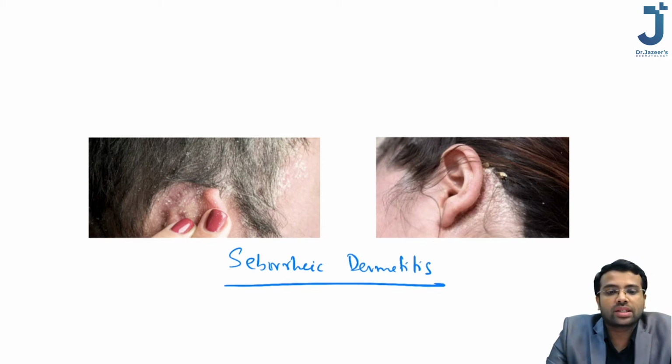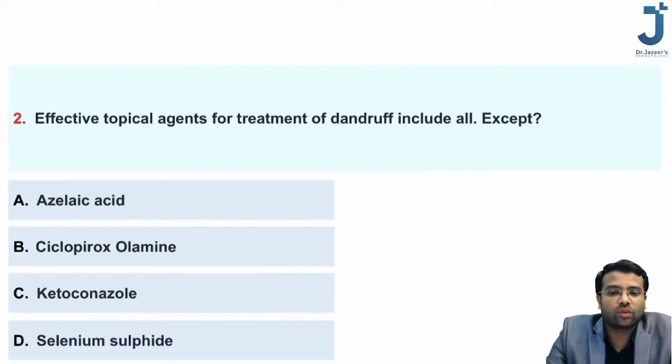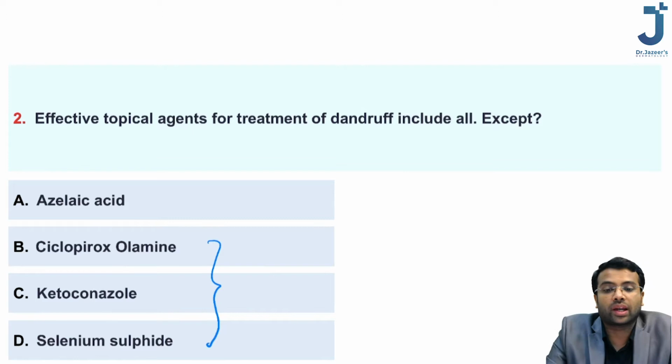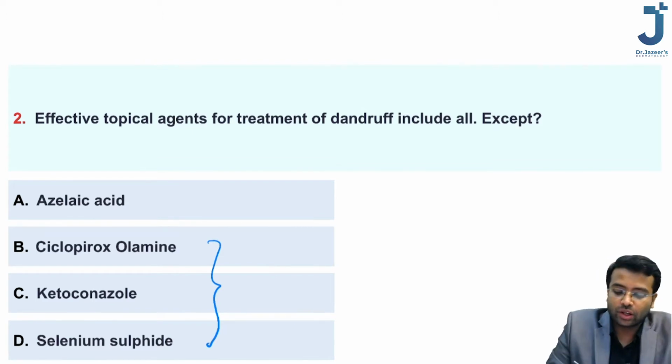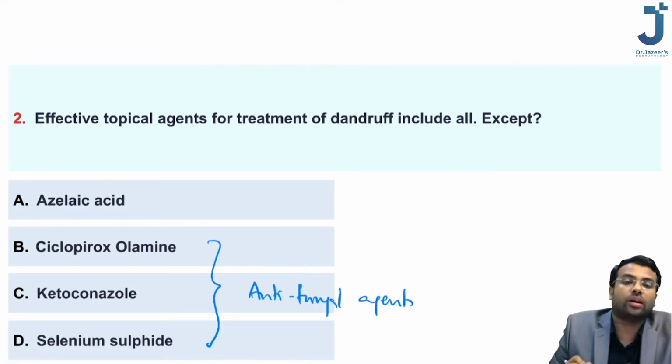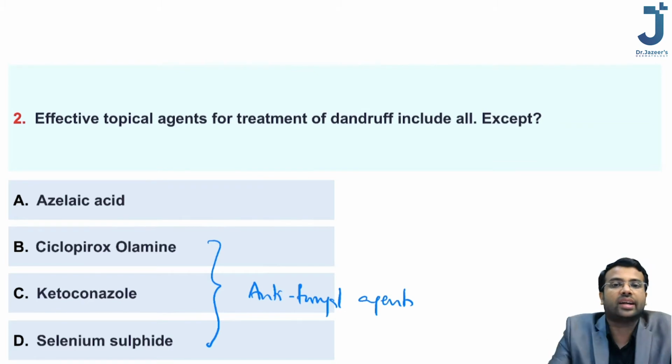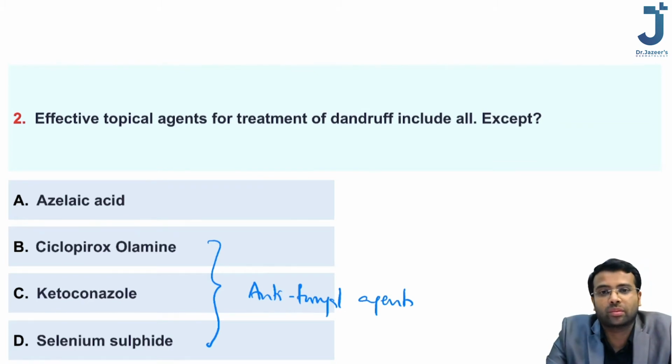Since there is a commensal yeast involved, we would be using antifungal agents like ciclopirox, ketoconazole or selenium sulfide in the treatment. So all these are antifungal agents. The odd one out in these four options is going to be azelaic acid. Azelaic acid is a skin lightening agent which is not used in seborrheic dermatitis. Instead it can be used in other diseases.